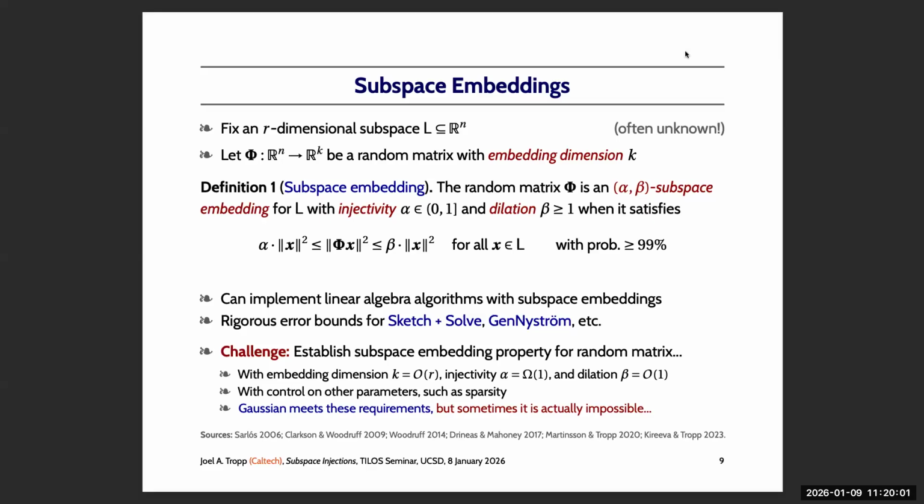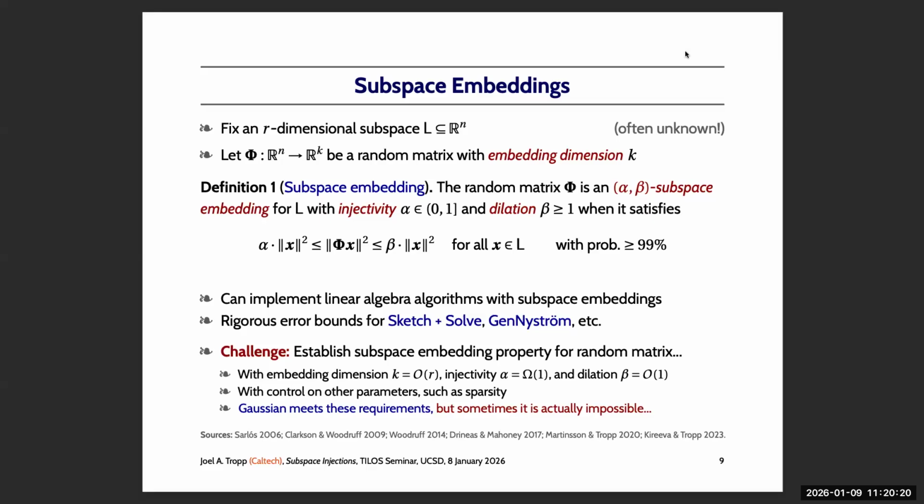You would like to preserve the size of vectors up to a constant factor, say 1/2 and 3/2, or 1/2 and 2, or something like that. And if this is a structured map, you also need to understand how the other parameters, such as the sparsity of the random matrix, enter into the guarantees.